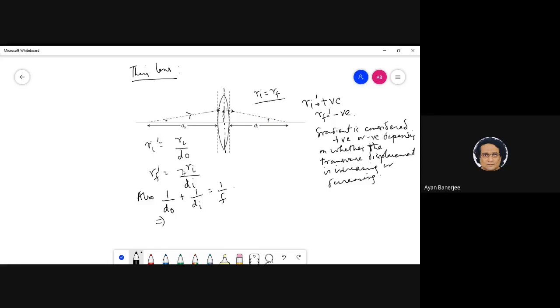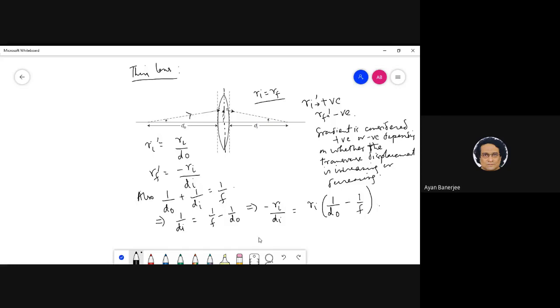Okay, so I will try to basically get rid of one of these. So something I have to get rid of, right? From here I have 1 by di is 1 by f minus 1 by do, which basically means that my minus Ri by di is Ri by do minus Ri by f, right?